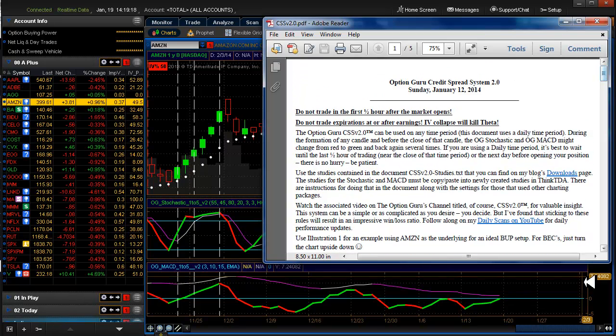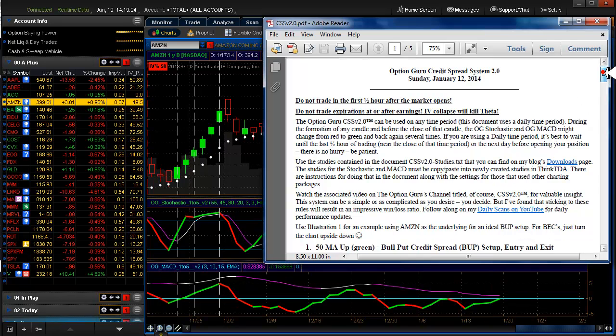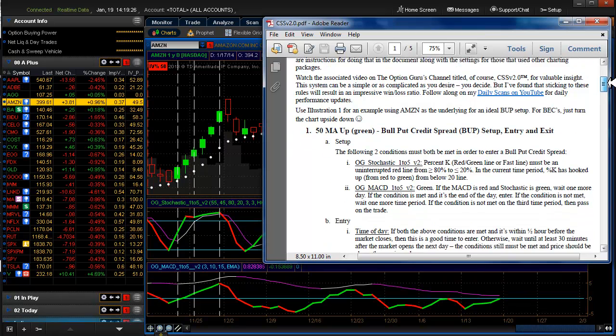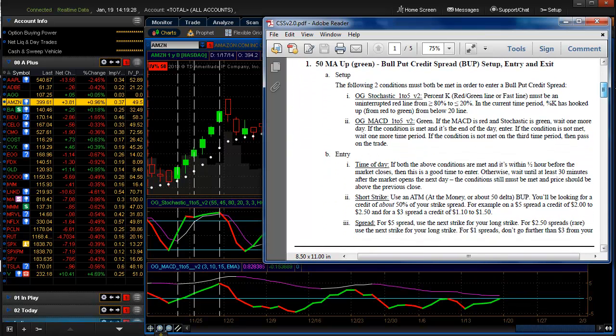In case you're wondering, today is Sunday, January 19th, 2014, but that's irrelevant at this point. The system is timeless. It does not depend on what kind of market you're in. It can be a bear market, a bull market, or even a consolidating market, and there's always opportunities out there.